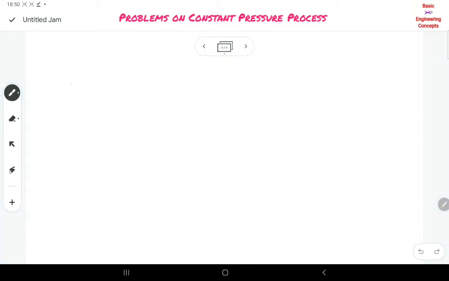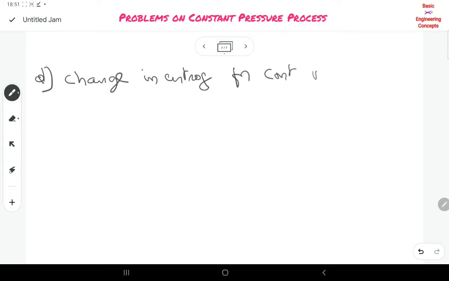Next one, finally, the change in entropy. As you know, the formula for change in entropy for the constant pressure process. These are fixed formulas which are already derived in previous classes.